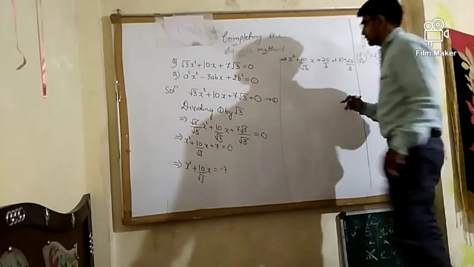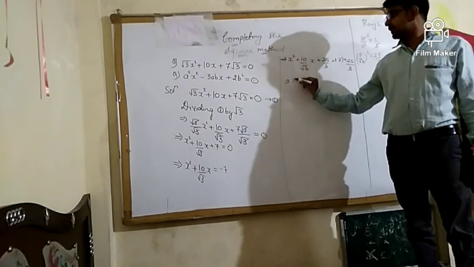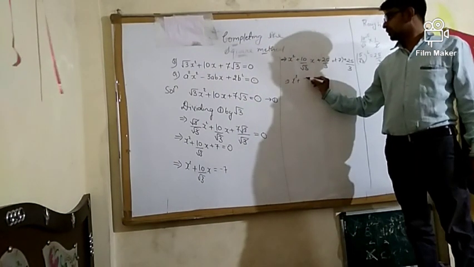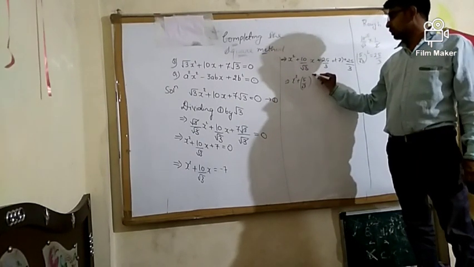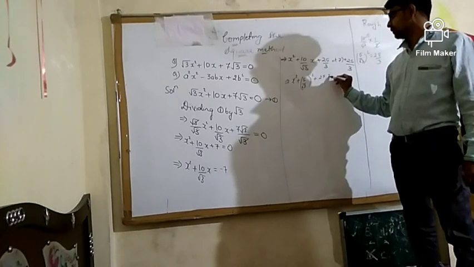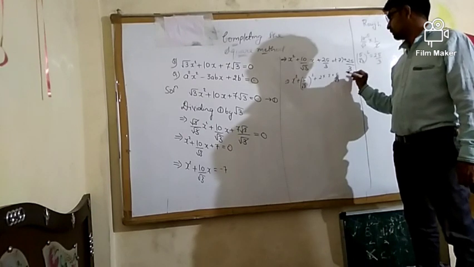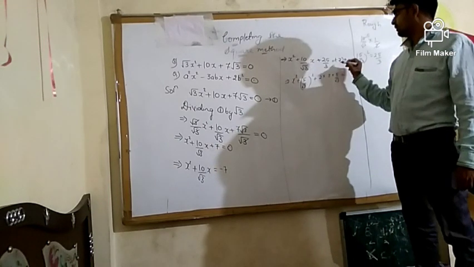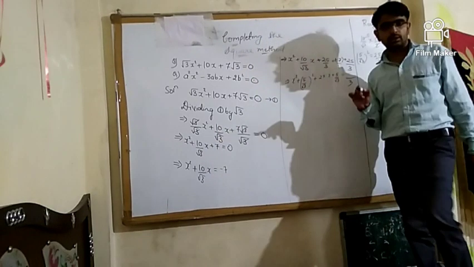Now, see, I can write this as x square plus 5 by root 3 whole square plus 2 into x into 5 by root 3, and the LCM of 1 and 3 will be 3.